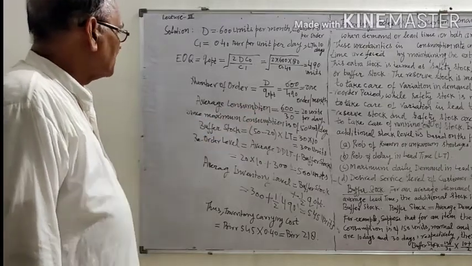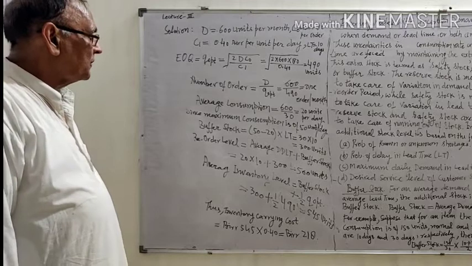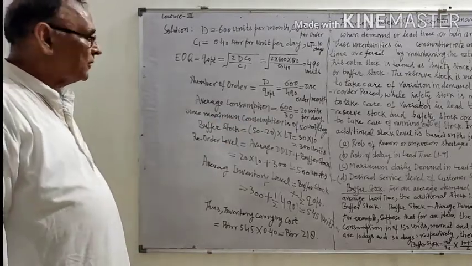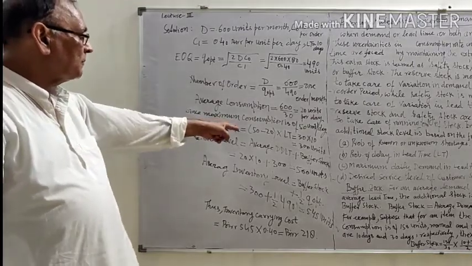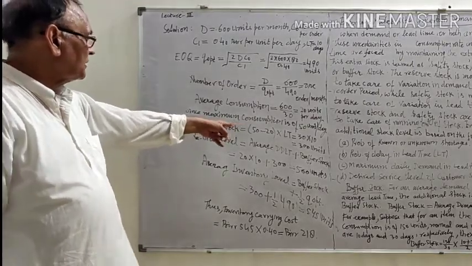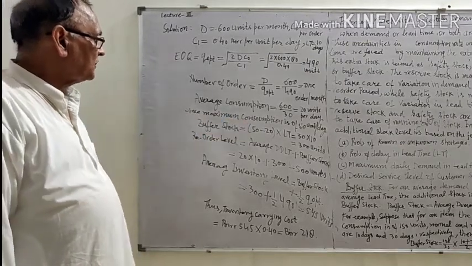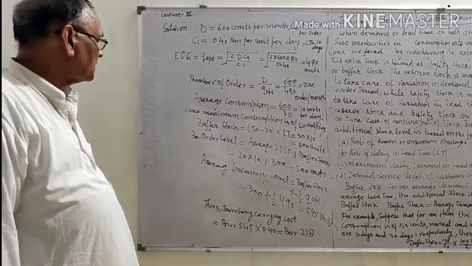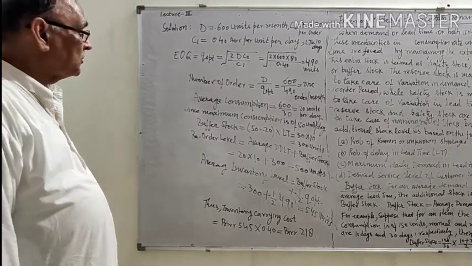Since maximum consumption is 50 units per day, as given in the problem, buffer stock is equal to maximum minus average consumption, 30, into lead time, which is 30 into 10, that is 300 units. Buffer stock is 300 units.